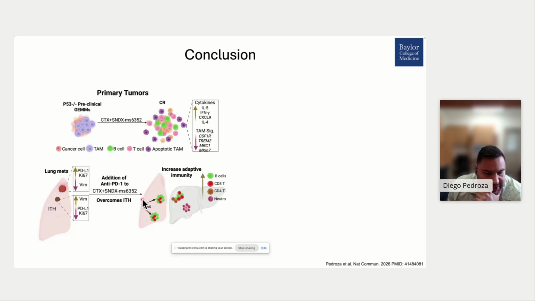And so to overcome this resistance, we had to add anti-PD-1, where we now observe these tertiary lymphoid structures. And in the liver, we of course observed increased adaptive immunity by seeing increased B cells with CD8 T cells, as well as CD4 and neutrophils coming together.